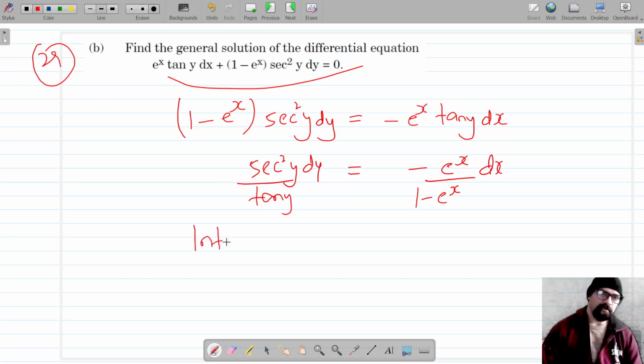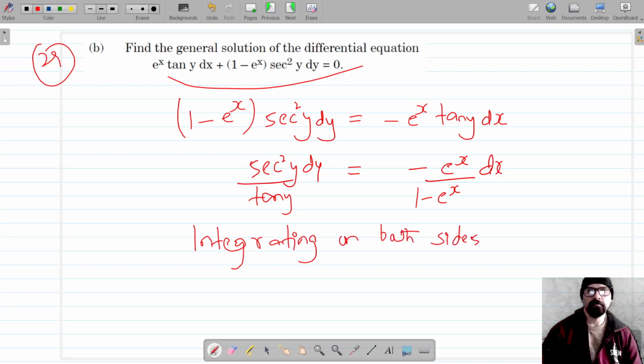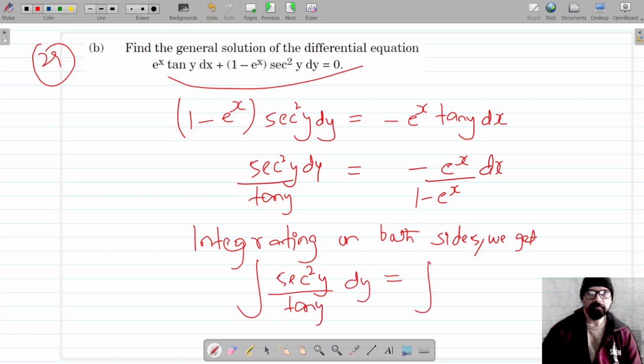Now let's integrate this on both sides. So if we integrate on both sides, this is the integration of secant square y upon tan y into dy is equal to the integration of negative e raised power x upon 1 minus e raised power x into dx.